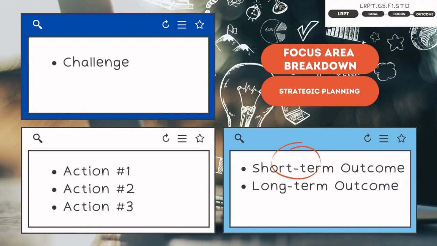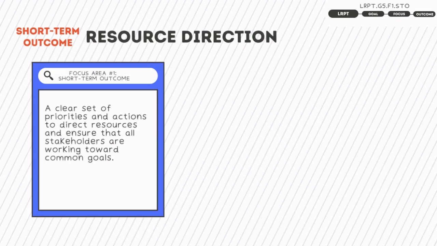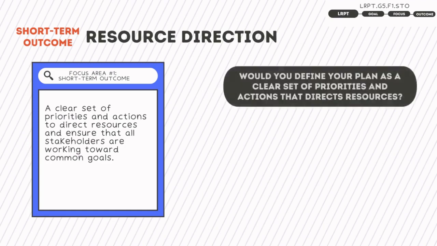Now that we understand the challenge and have some actionable ideas, let's look at the outcomes. The short-term outcome of focusing on strategic planning is a clear set of priorities and actions to direct resources and ensure that all stakeholders are working toward common goals.